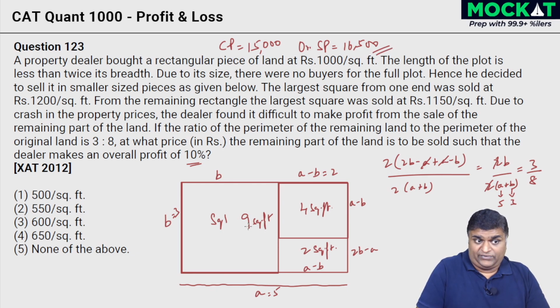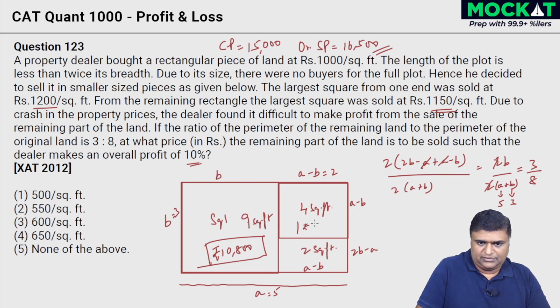Now, 9 square feet have been sold at what price? Initial one was selling at 1,200 rupees. 9 into 1,200 is going to come to 10,800 rupees. 10,800 has been the first plot. 4 square feet was sold for 1,150 per square feet. 4 into 1150 is 4,600. Alright, 4,600. Now 10,800 and 4,600 adds up to how much totally?